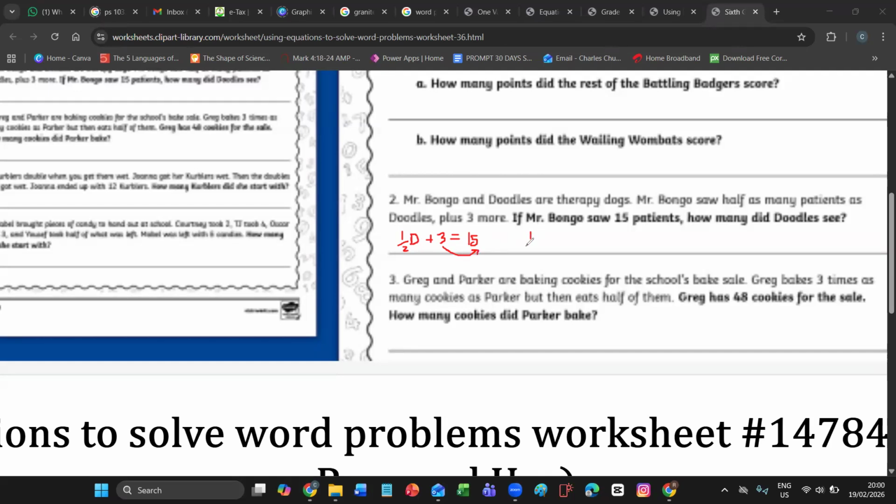And we'll have that half D or D over 2. Let's write the D very well. D over 2 equals 15 minus 3.